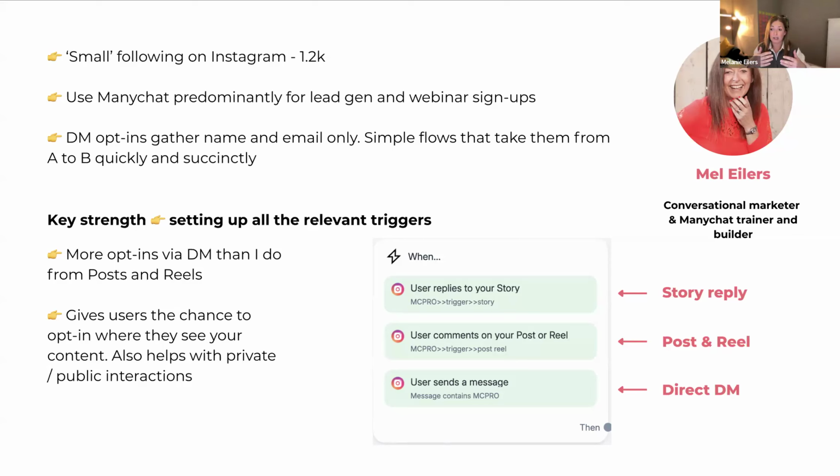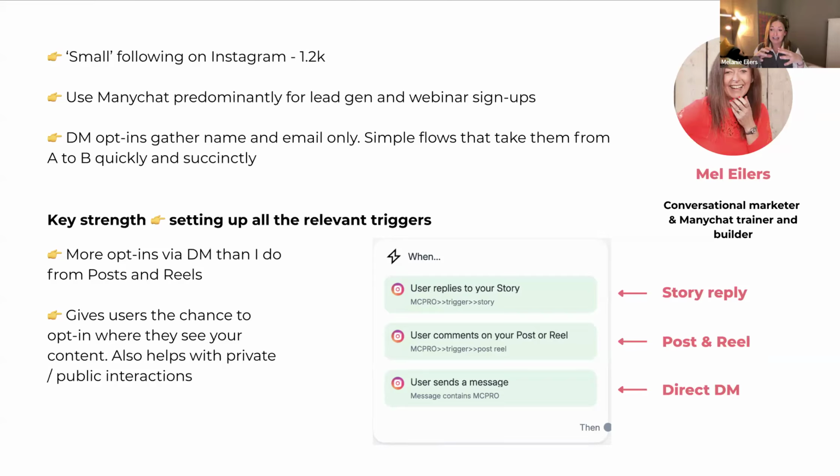So your public facing content is your posts and your reels and your lives. So when they reply to that, their comment, the keyword that they're writing in the comments can be seen by everybody else who's commented on that post or that live. Some people, depending on the content of what you're trying to do, may not be comfortable with that.